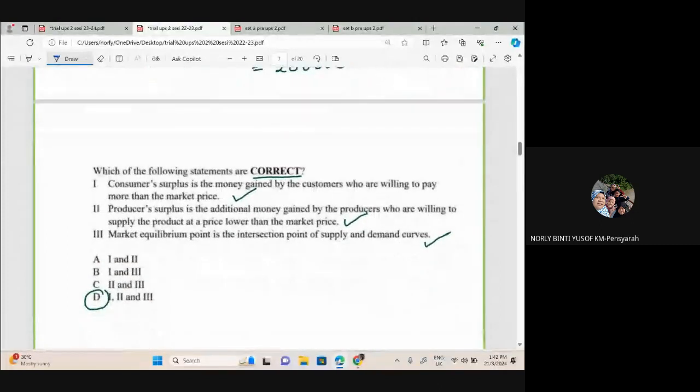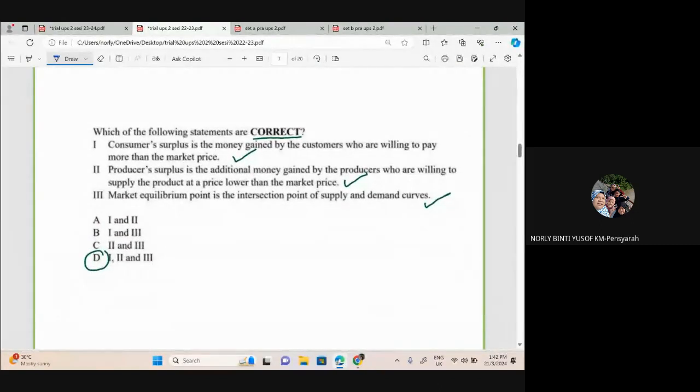Okay, and then sama. Dia tanya which following statement are correct. So dia kata customer surplus is the money gained by the customer who are willing to pay more than the market price. Betul tak? You punya pengguna kan? Sebab you ada lebih memilih ataupun willing to pay more than the market price. Kalau producer surplus adalah pengeluar.